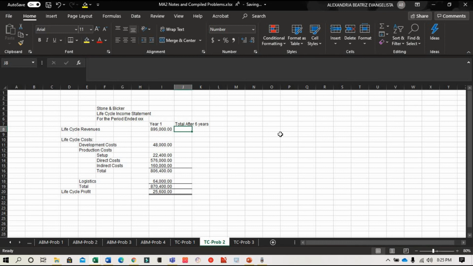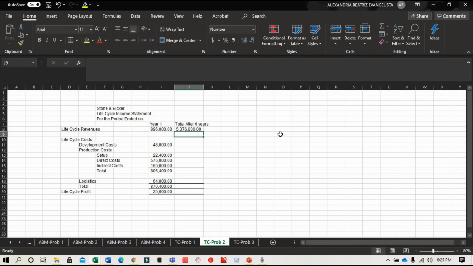And now, let us prepare the total after 6 years. For the life cycle revenues, we'll simply multiply it by 6. Why 6?